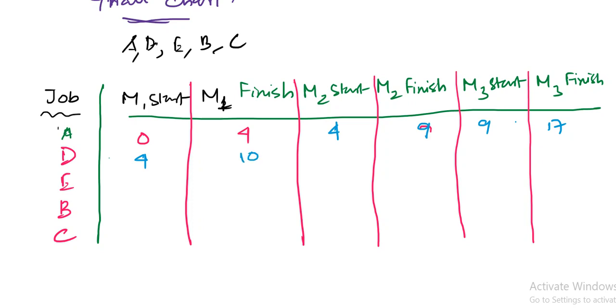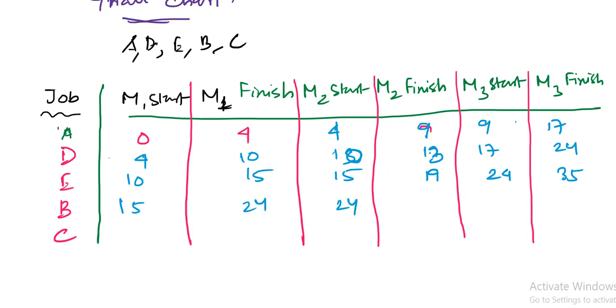For job E it is 10, 15, 15, 19, 24, 35. For job B it is 15, 24, 24, 30, 35, 45.